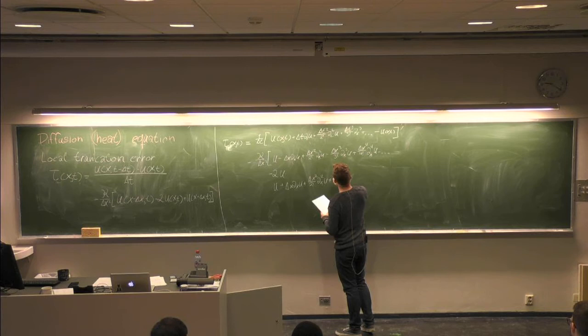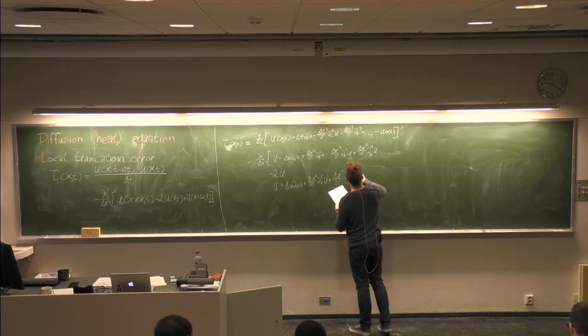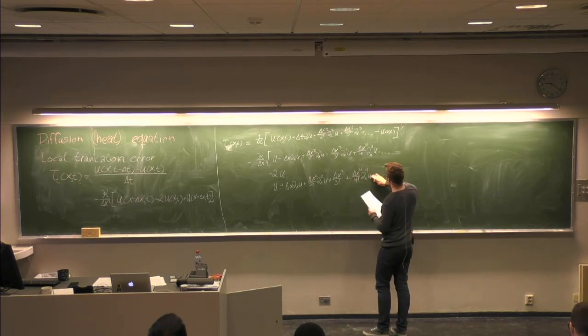Plus delta x to the fourth over 4 factorial dx to the fourth of u, and then of course you have more stuff coming down the line here.